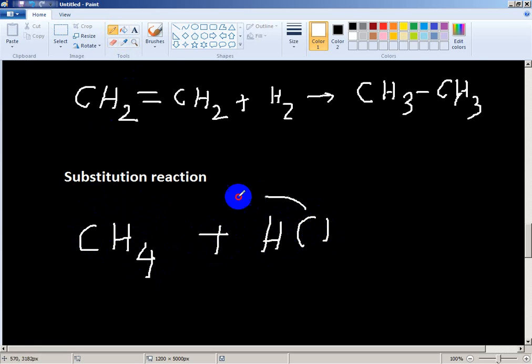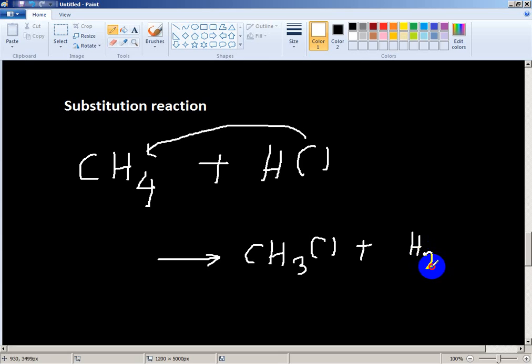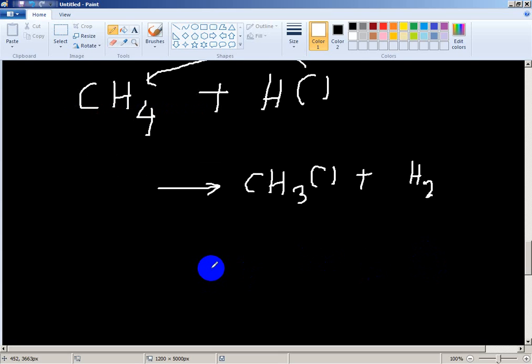Here one chlorine replaced hydrogen and took its position. So this is the substitution reaction. Then the remaining is 2. Now oxidation reaction.